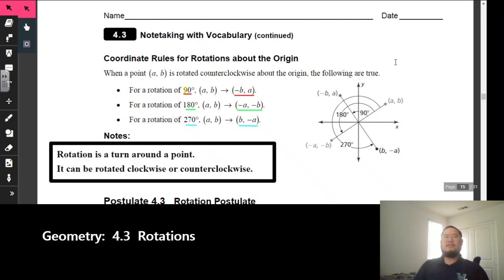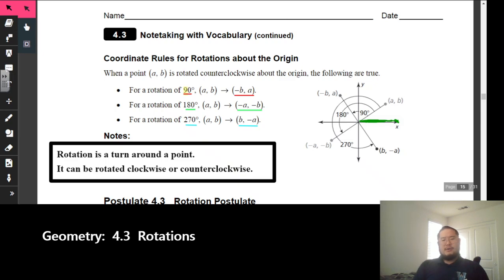It's the opposite of what makes sense to us, but that's how it is. We always start along this part of the x-axis, because this would be 0 degrees, and then we go counterclockwise: 90, over here 180, down below 270, and then back at 360, which is the same thing as 0 degrees.